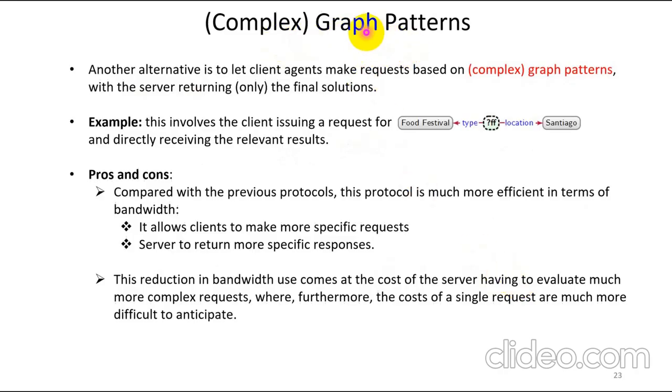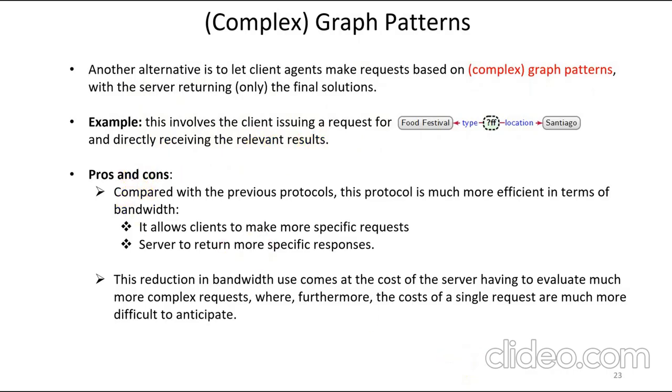Next, we consider the fourth protocol, complex graph patterns. Another alternative is to let client agents make requests based on complex graph patterns, for which the server returns only the final solutions. For example, this involves the client issuing the request like this and directly receiving the relevant results.